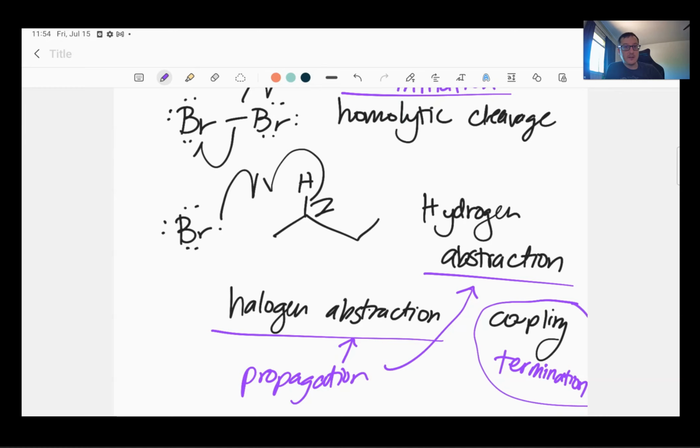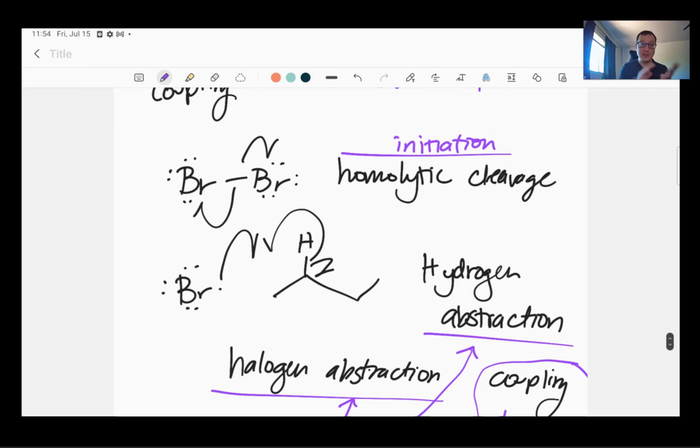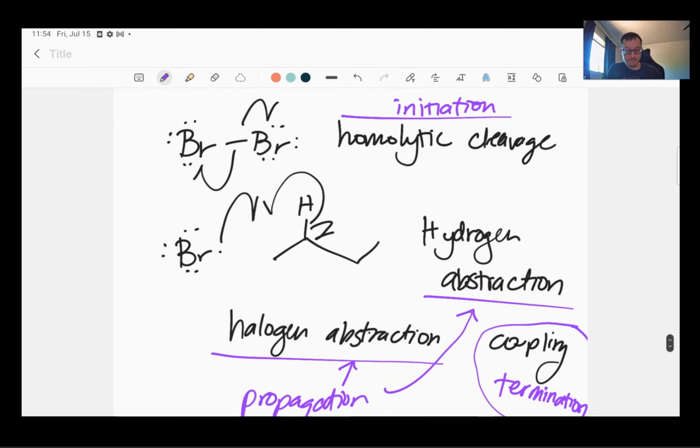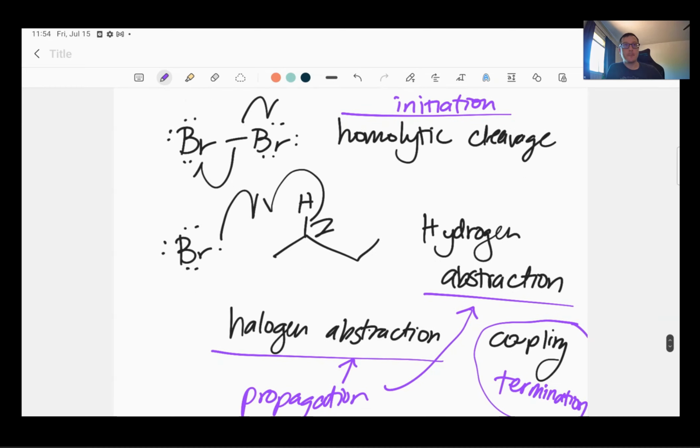Addition to pi bonds is something that we'll see, but I have not put that in your mechanism. So elimination and addition, we'll worry about those later on, at least in these halogen reactions of alkanes.